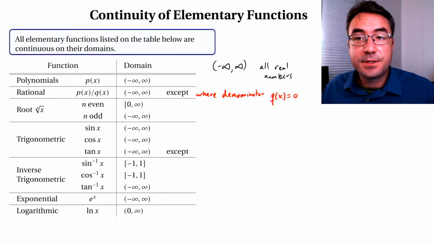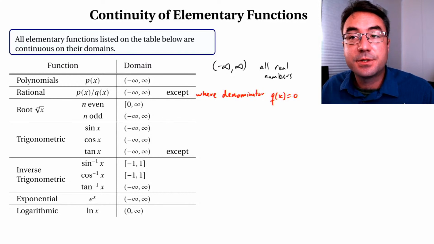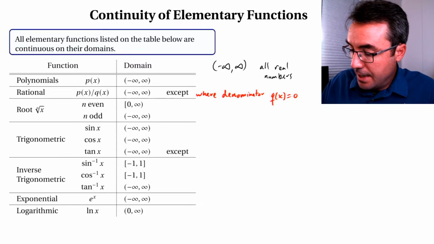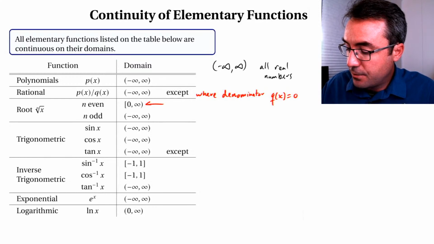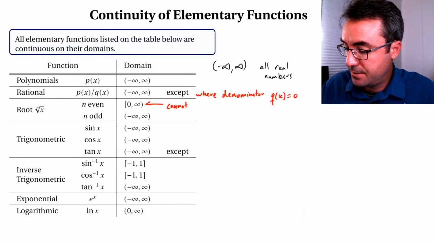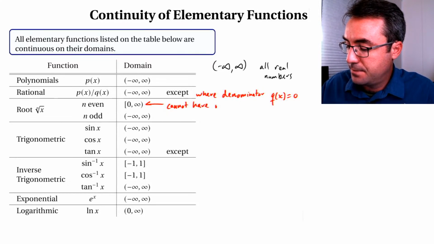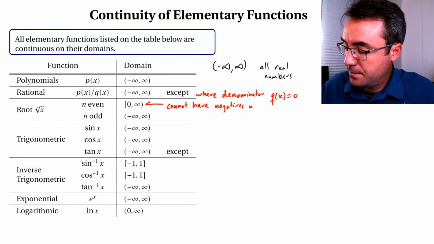Root functions, so if we have an even root, then it's continuous on its domain from 0 to infinity. So again, with even root functions, we cannot have negatives under the square root sign or even root sign.